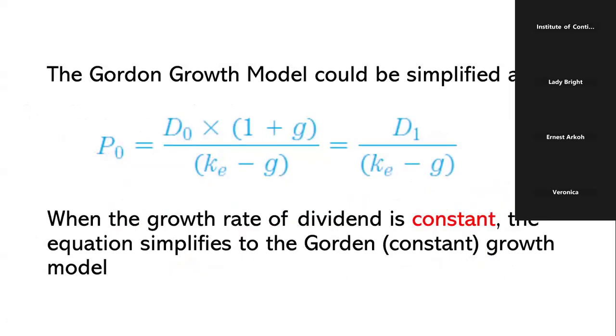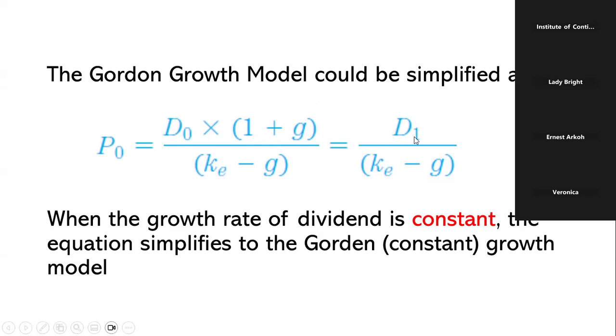When you have D0, you will use D0 into bracket 1 plus g, the growth rate, all over KE minus g. KE minus g. Remember that it is not 1 plus KE. This one is KE minus g. Then if you have D1 already, D1 into bracket 1 plus g is the same as D1. When you find the growth rate of dividend in year 0, it will give you dividend in year 1.